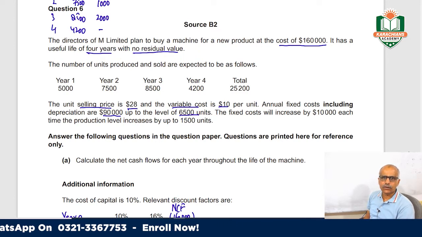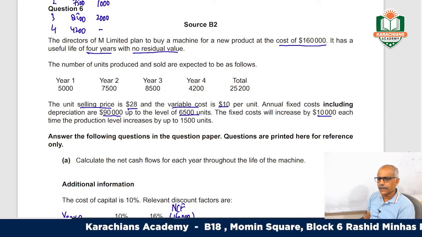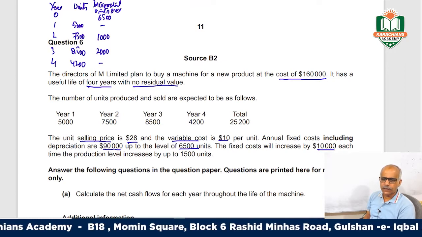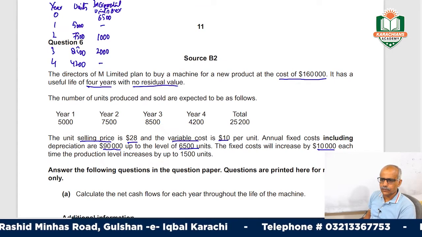When you cross the 6,500 mark, your fixed cost will increase. How much will it increase? The fixed cost will increase by 10,000 for each step.